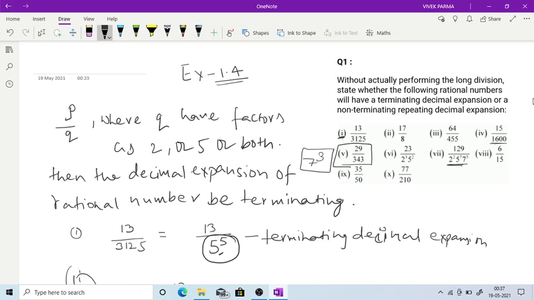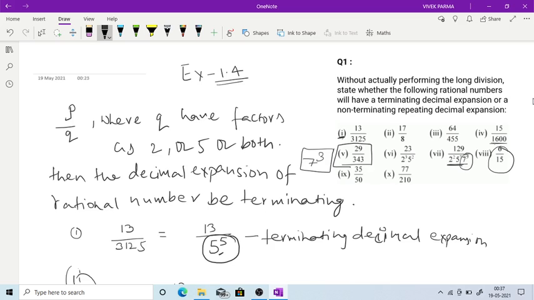See, question number 7 here. Here in the denominator part, 2, 5 as well as 7 are present, right? So because of this 7, the decimal expansion of this expression will be non-terminating repeating, right?